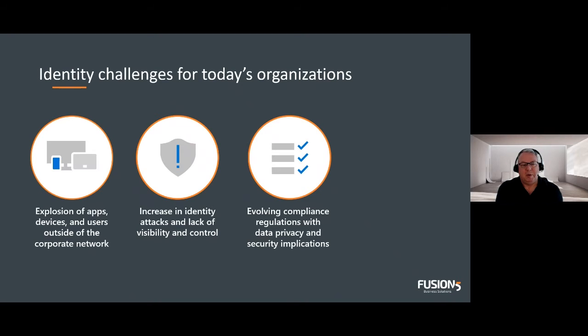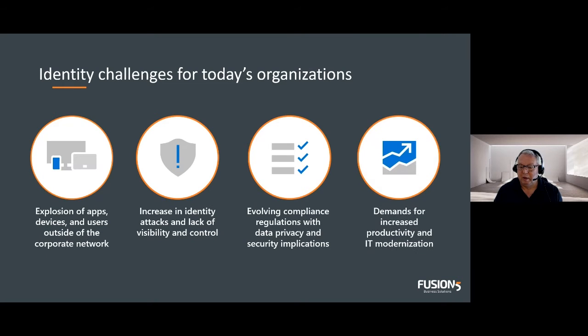But as compliance changes, being able to retrofit identity mechanisms to make sure they match those compliance requirements is critical and key as well. Not only because we need to be compliant, but because if we're not, there is a potential breach scenario, as well as the potential risk of having some sort of monetary penalty if we are in breach. And then once again, demands on productivity and monetization have increased massively.